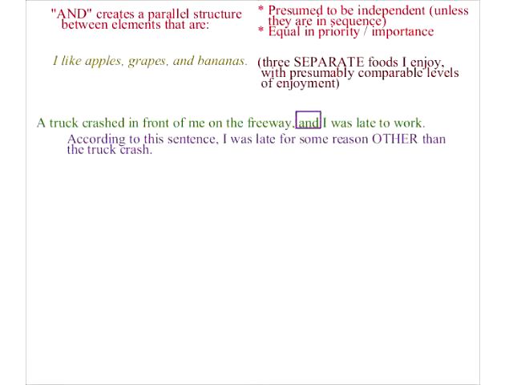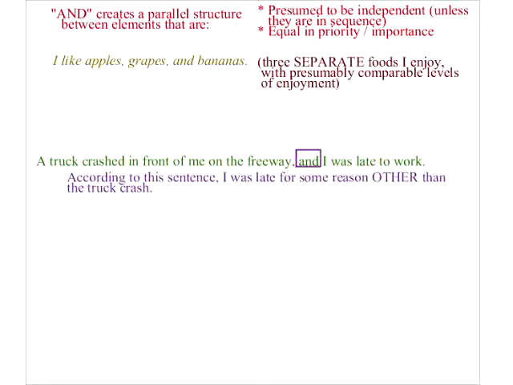If I say something like, we ate last night, we ate dinner, saw a show, and you can put "then" if you want, went to a club, then this is a sequence of events.